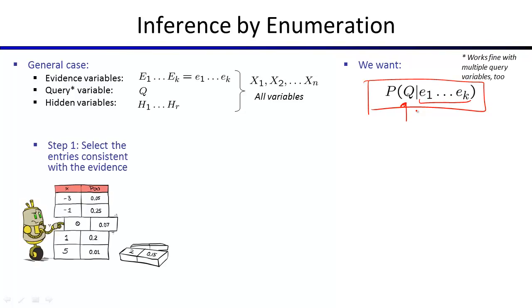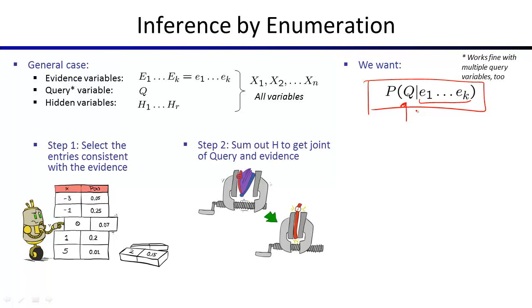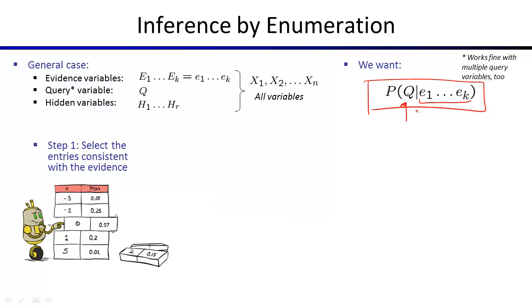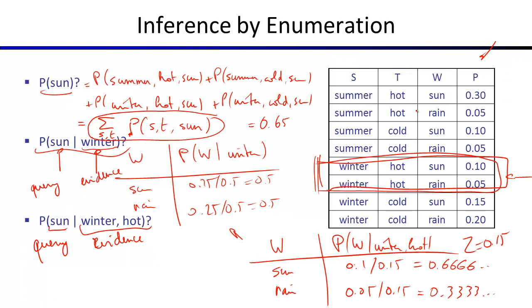Step one, from your table, you pick out the rows consistent with the evidence. Only retain those. Then these hidden variables are still in there. So you collapse your table. Remember, that's what we did for this query over here. Sun given winter.